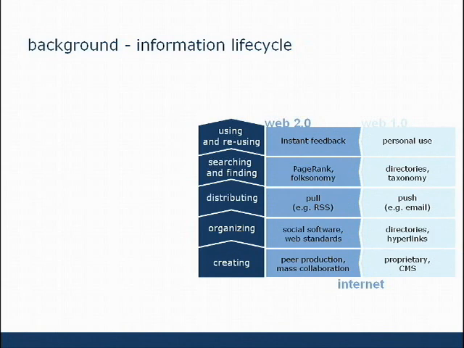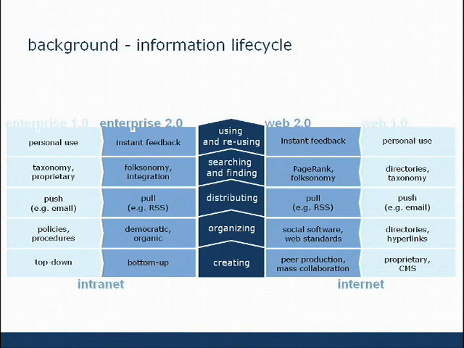And underpinning that, things like a move from a proprietary content management system into peer production, collaboration, mass collaboration, organising it via social software mechanisms rather than using strict directories, hyperlink structures and the like, and all the way through, of course, PageRank, taxonomies and the like, as ways of changing the way in which we search and access the information.